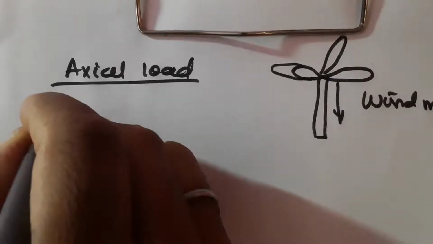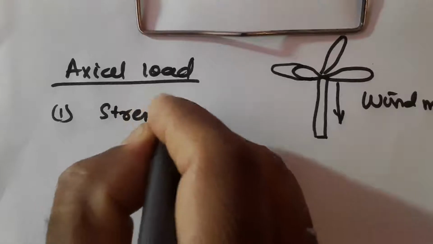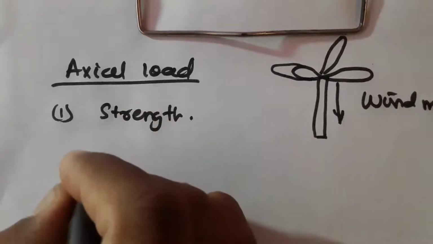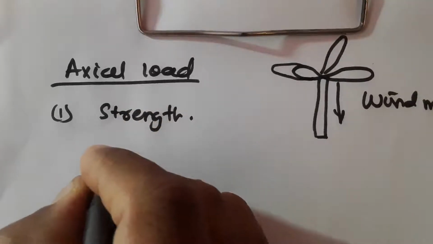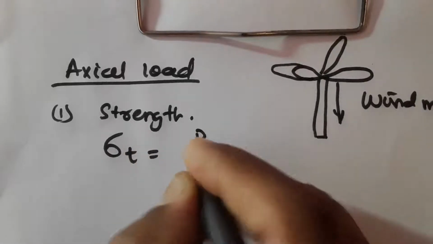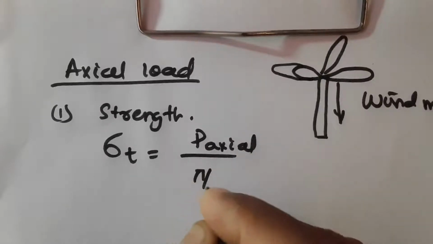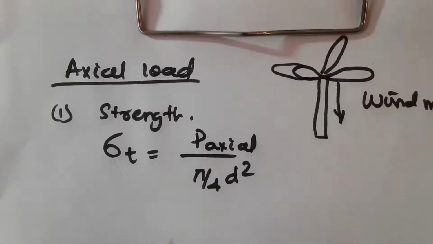If we want to design the shaft on the basis of strength, for a shaft of diameter D, the maximum permissible tensile stress in the shaft should be equal to the axial load P axial divided by pi by 4 d square. This is the resisting area.